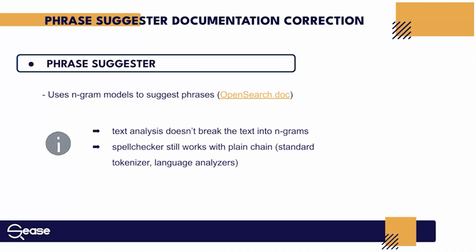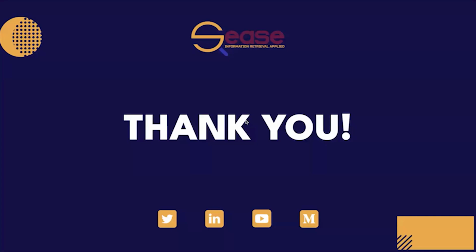So we have just a plain chain, like a spell checker, with standard tokenizer and analyzers without n-grams, and it worked fine. So I think the documentation means the correction doesn't necessarily use n-grams, so it's optional. Behind the scenes it uses a model to offer you the corrections, but it's not mandatory to use n-grams. And yeah, that is it.